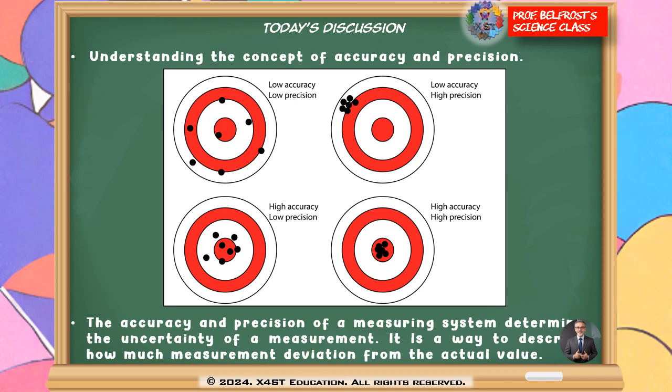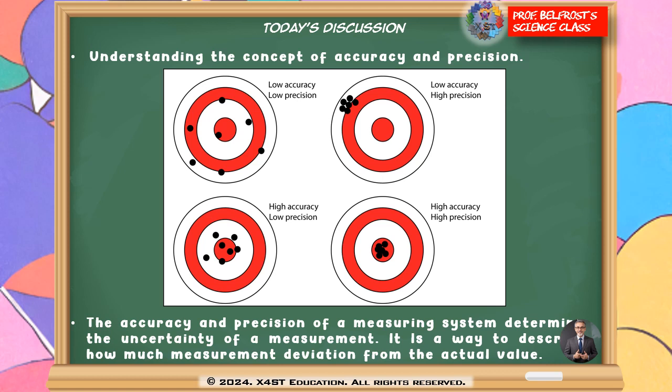The first picture shows that the detection of the place is kind of random, and most of the dots are not near the center, so it has very low accuracy and low precision. How about the picture next to it, the top right? We see that the measurements are not random.